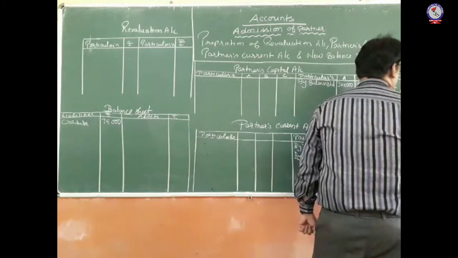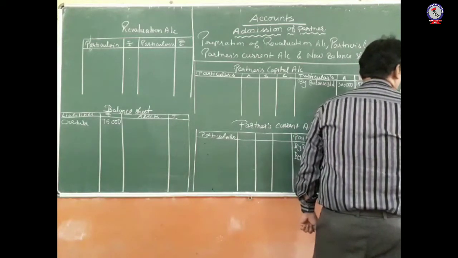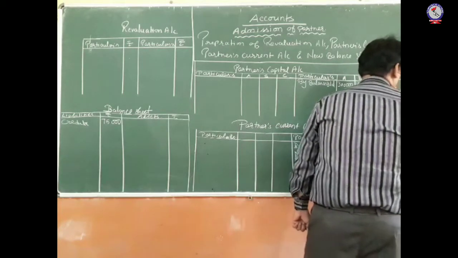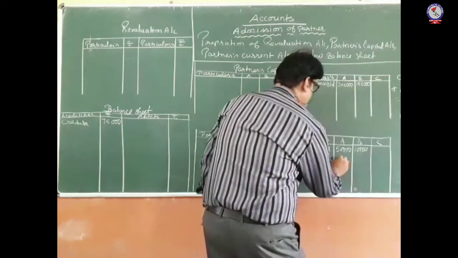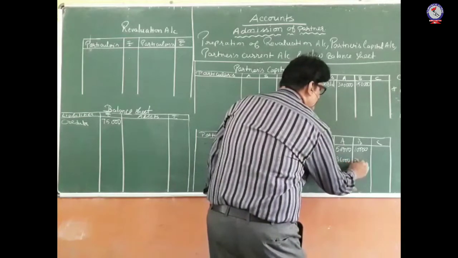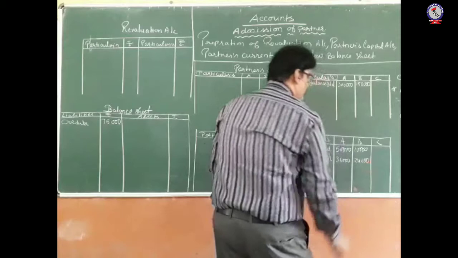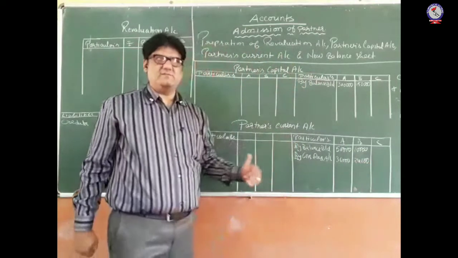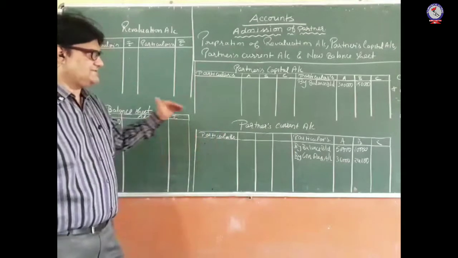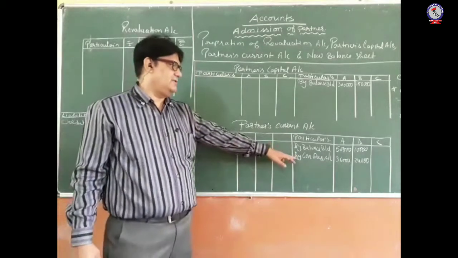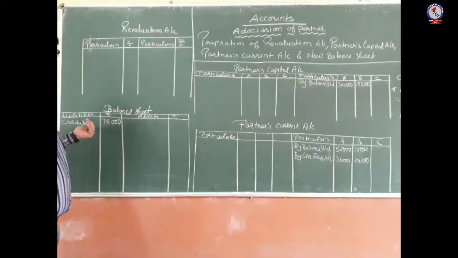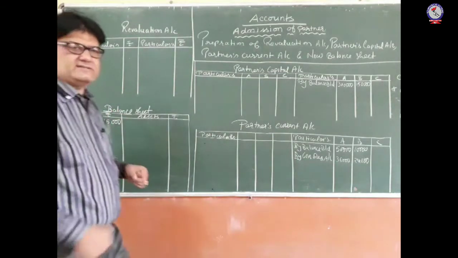So this becomes 36,000 and this becomes 24,000. This is the amount of general reserve, 36,000 and 24,000 respectively, which will be taken by A and B. So related with the creditor and general reserve, we have transferred this amount in the current account, and the liability side of the balance sheet shows the creditor amount as it is.